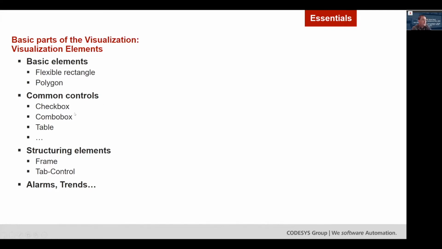Then, of course, we have a big set of common controls that can be simply used to control the application. So, of course, there is a simple checkbox control to modify Boolean values. Then we have a combo box to select values from a fixed set of numbers or enumerations. Then, of course, there is a table element which can display arrays of data and, of course, modify the data too.